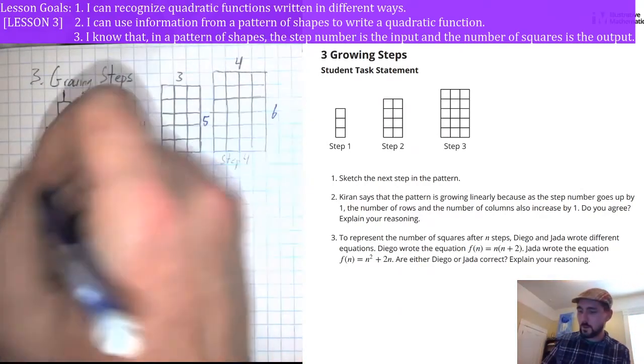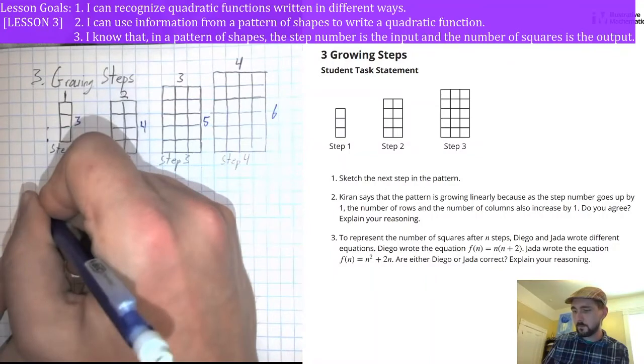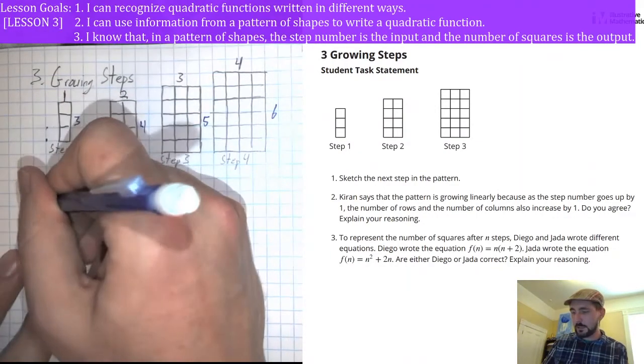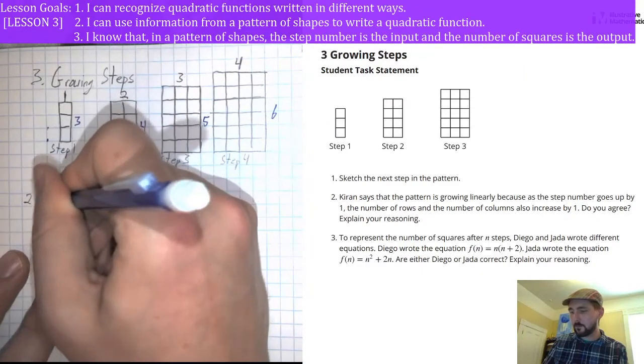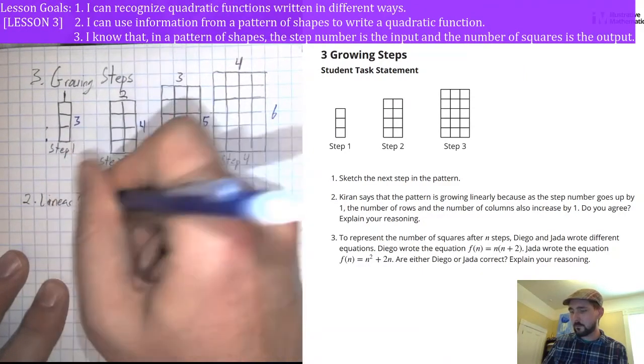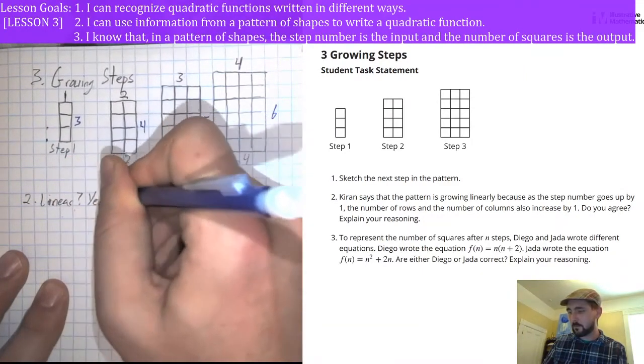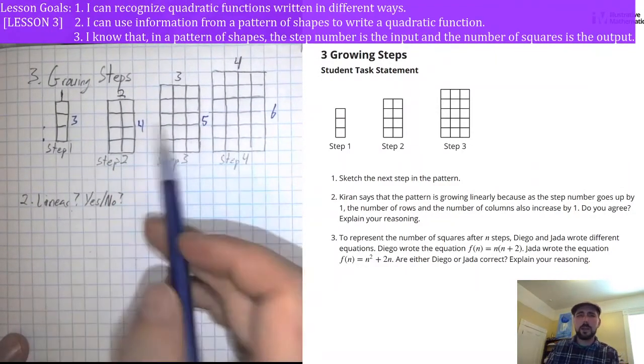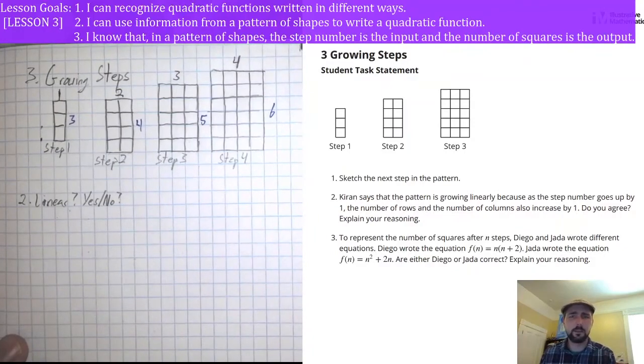Okay, so this is question number 2, because question number 1 was step 4. So linear, yes or no? Well, they're growing by 1, which is a kind of standard linear thing.